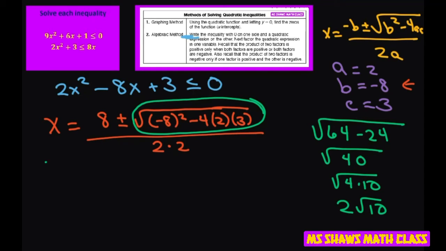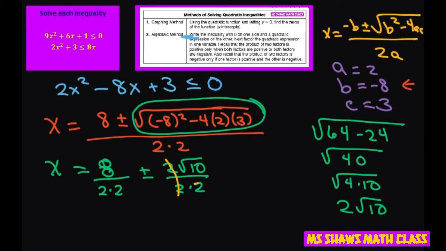All right, so we have x equals 8, plus or minus 2 square root of 10, all divided by 2 times 2. I'm going to go ahead and write this as 8 divided by 2 times 2, plus or minus 2 square root of 10 divided by 2 times 2. I want the same denominator. You don't have to, but that's why I wrote it this way. These 2's will cancel.